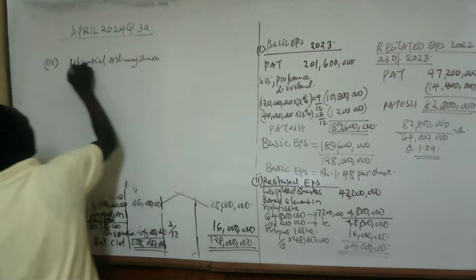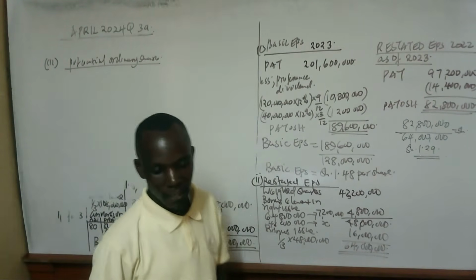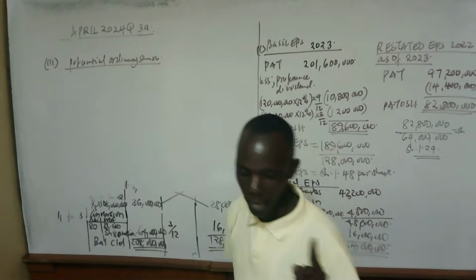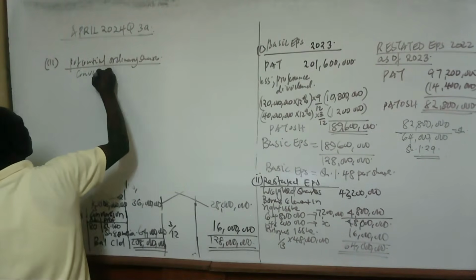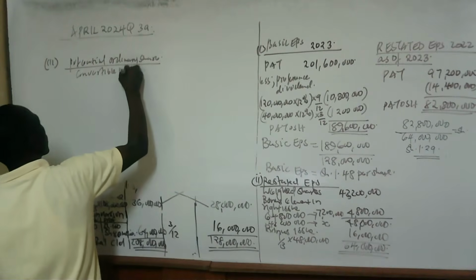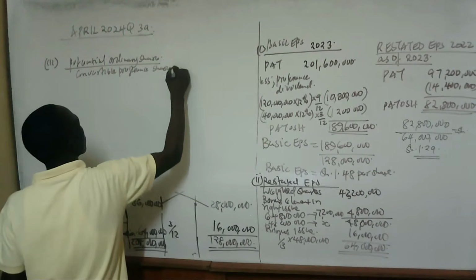And like in this case, from our question, the potential ordinary shares that I saw, we only had one. And this is what we call the convertible preference shares.